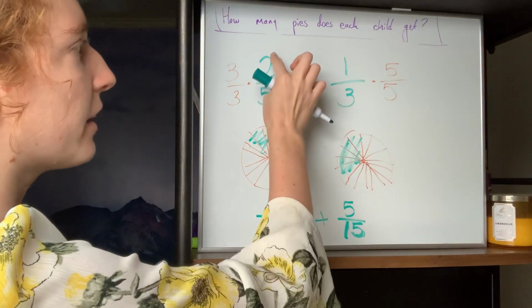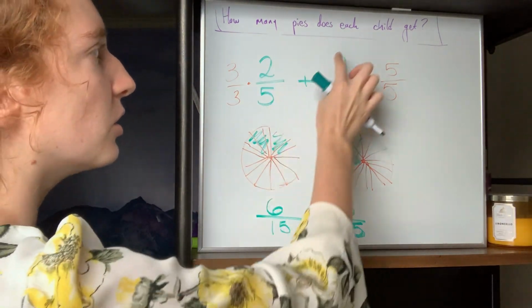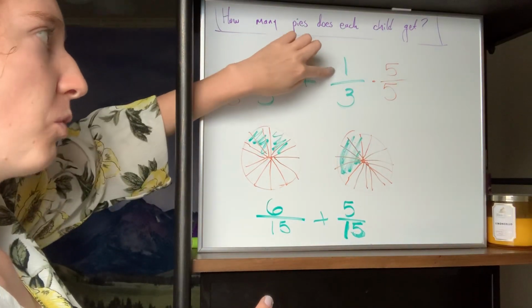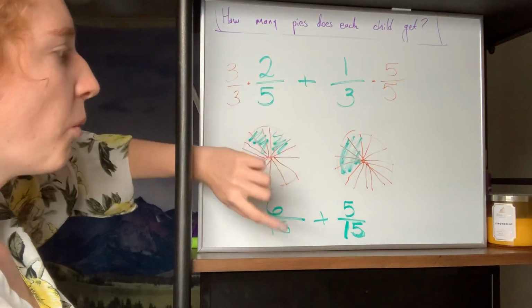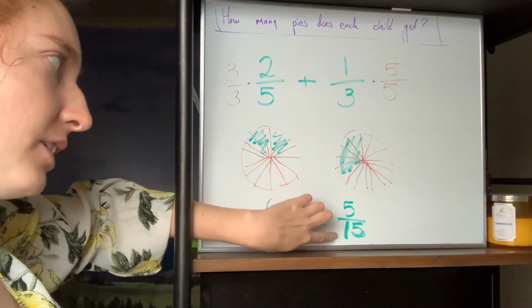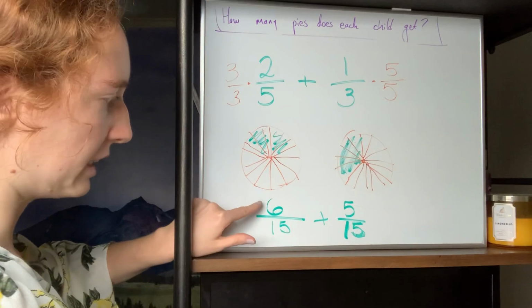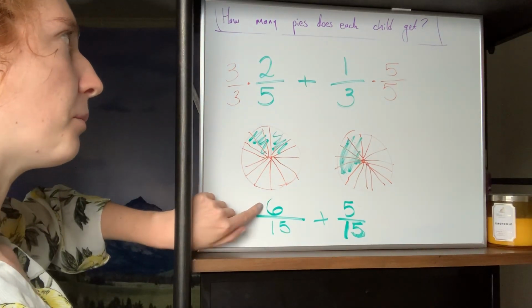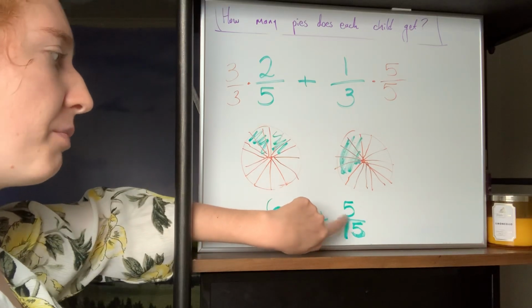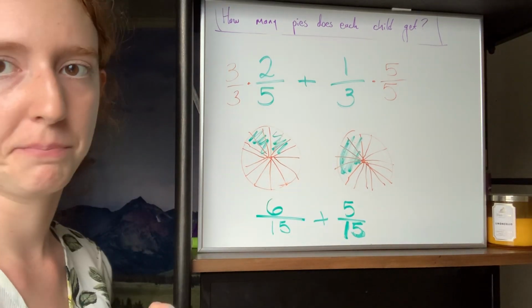I'm not going to say anymore that you got 2 out of 5 slices and you got 1 out of 3 slices, or that 2 pies were split amongst 5 children, whereas 1 pie was split amongst 3 children. We're going to say that it's 6 out of 15 slices and 5 out of 15 slices, or alternatively, equivalently, 6 pies for every 15 children, and then another class where 5 pies are shared amongst every 15 children.